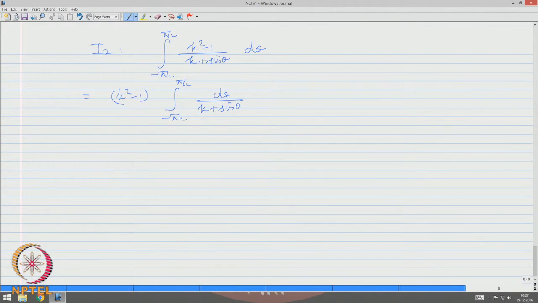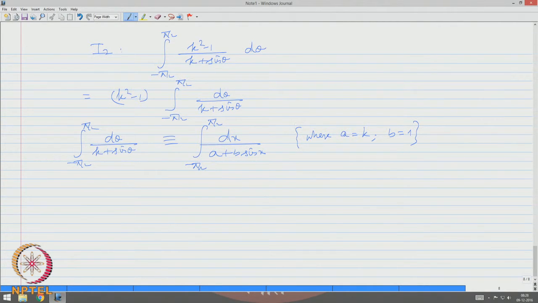I can express this integral as similar to the integral of dx by a plus b sin x from minus pi by 2 to plus pi by 2, where a is k and b is unity.